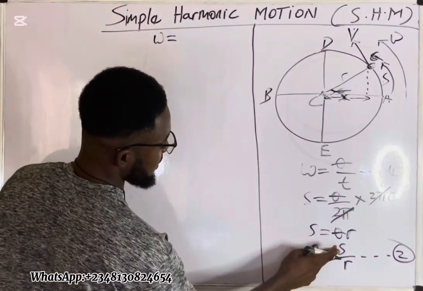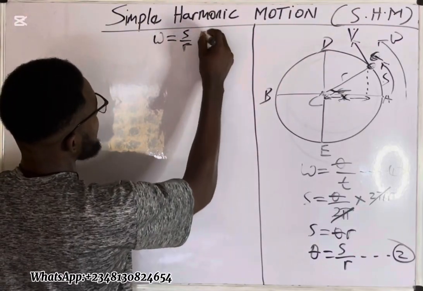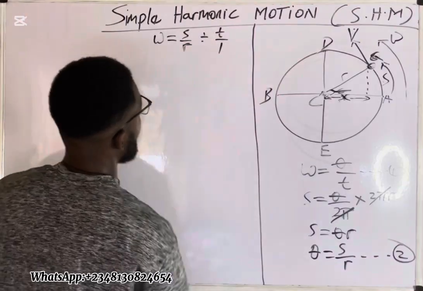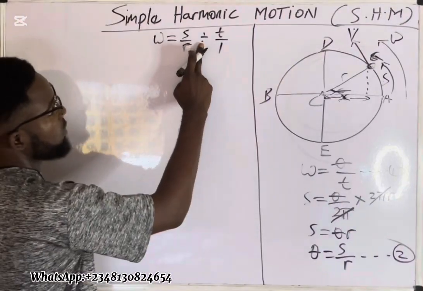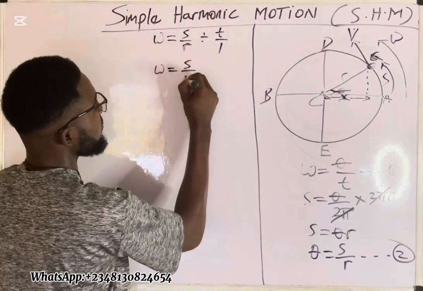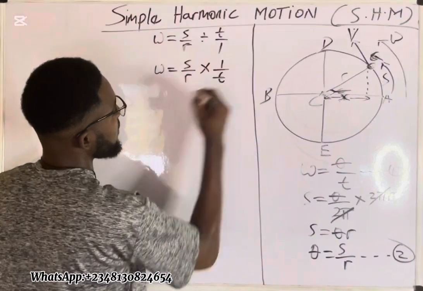And theta is displacement over radius divided by time, let's say time over 1. So we change this sign to multiplication. So the angular speed is displacement over radius times 1 over time.